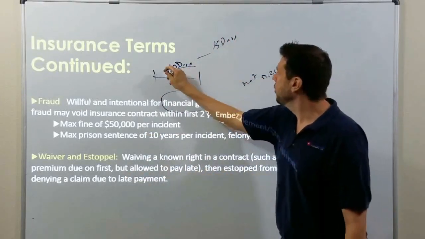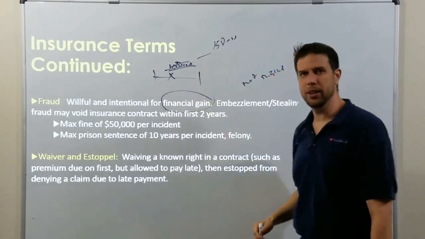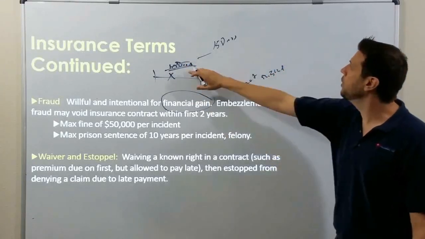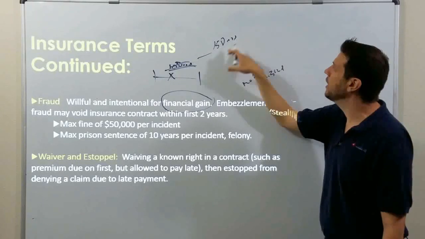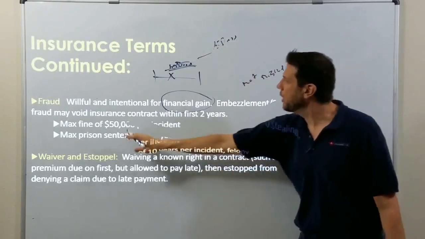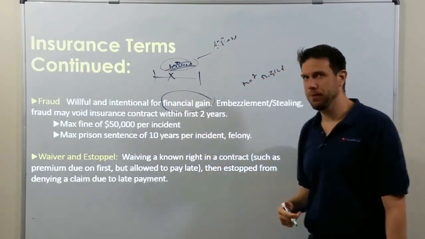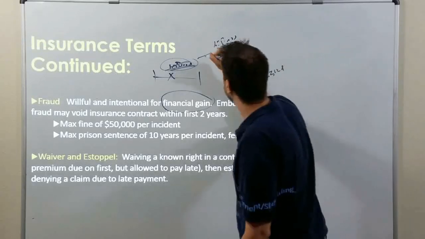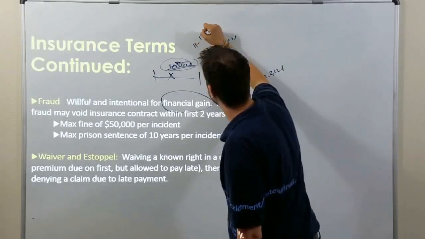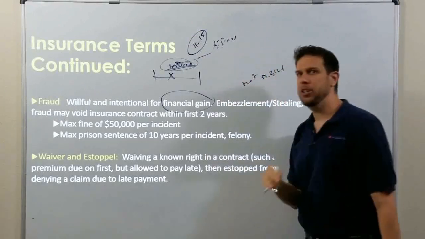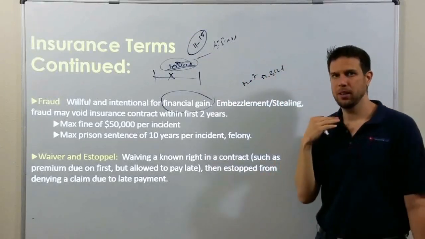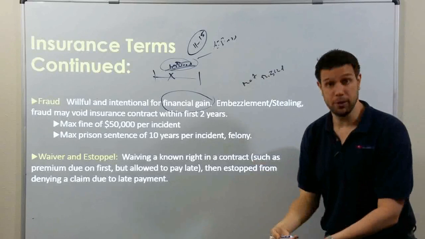They have said, you no longer have to pay in the correct 10 days. We'll give you an extra 5 days, up to 15. So we have waived the right for 10. If you file a claim on day 11 through 15 and you didn't pay your bill, you are covered.